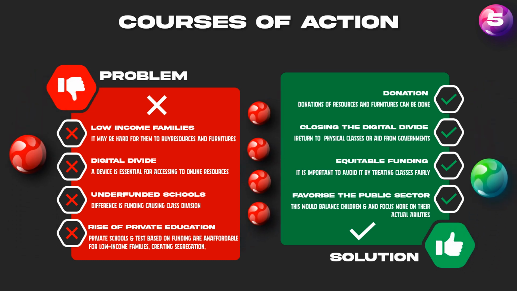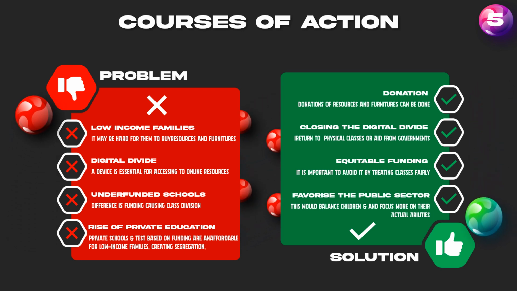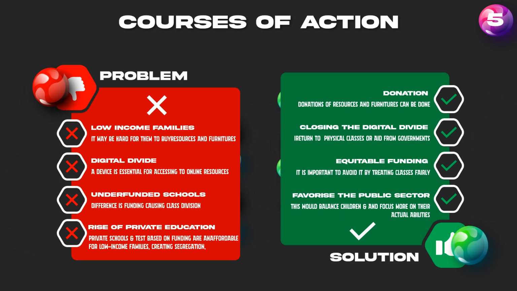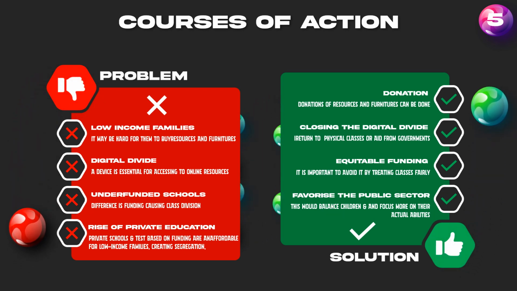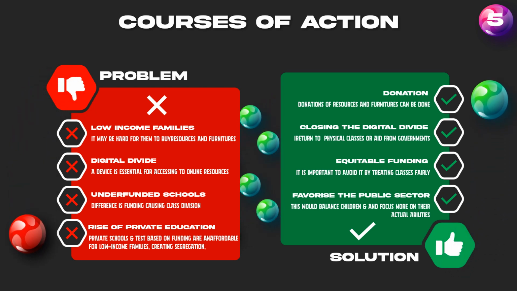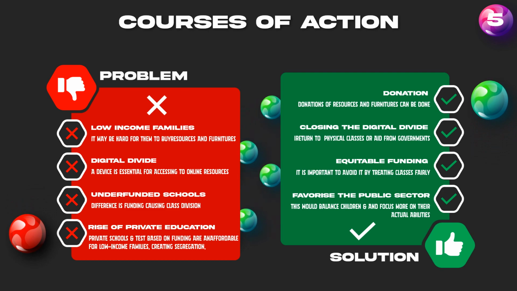Equitable funding is an important aspect as well, as spending the same amount of money to develop every school would be more fair. Finally, to favor the public sector to slow down the rise of private education, so balancing every child's chance to succeed in the future.